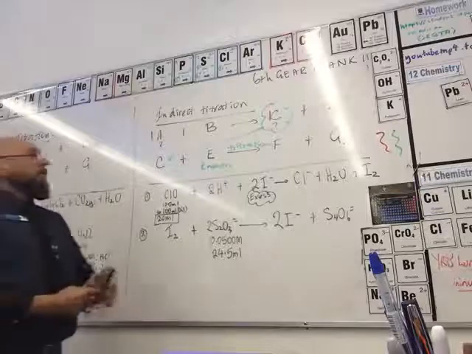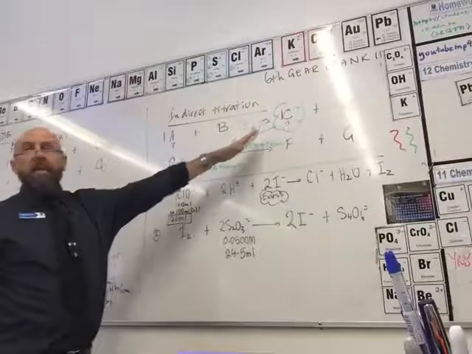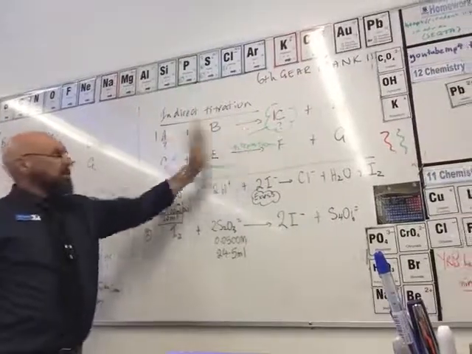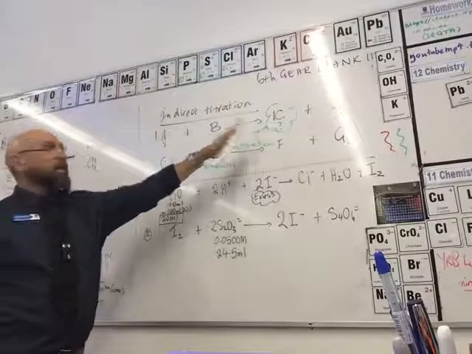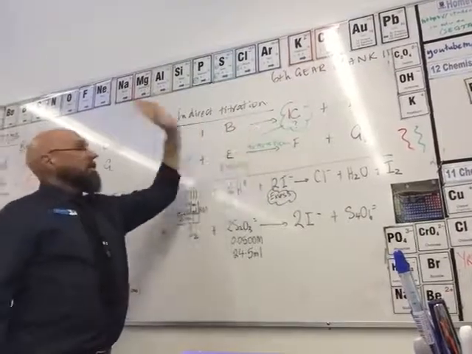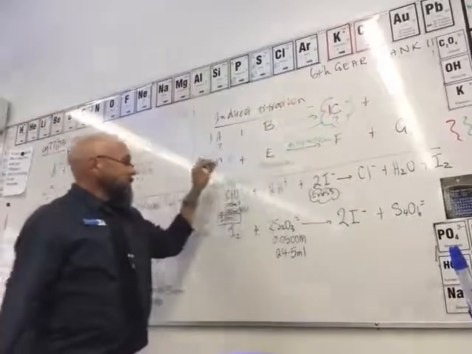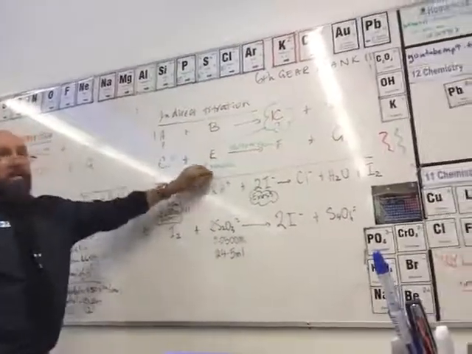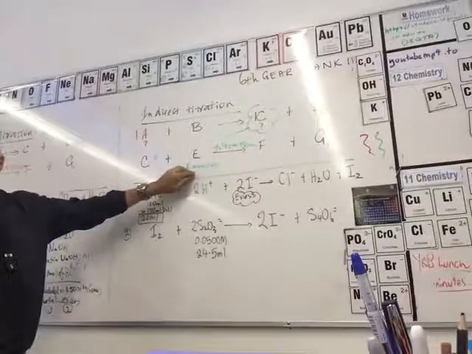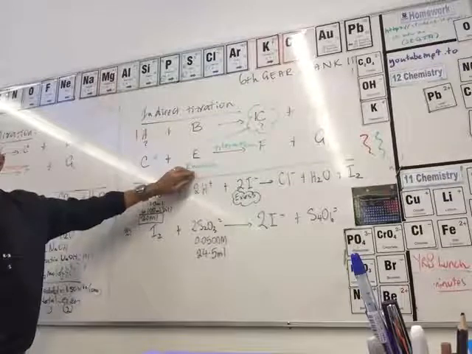So C is a product. In indirect titrations, we take C and titrate C with another known, and now we've got a titration again.